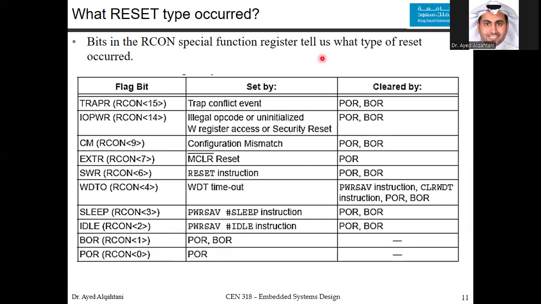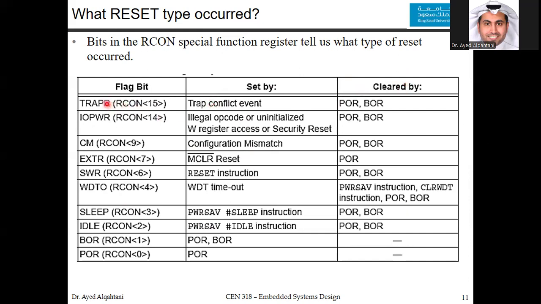Now, who clears these flags? One thing you should always remember: if the flag is asserted, you as a programmer must clear the flag. If you forgot to clear it, it will cause a lot of trouble, but just in case, know that it could be cleared by other events.